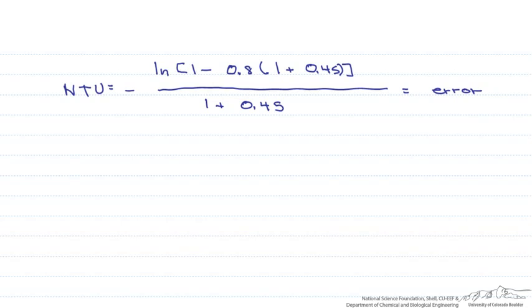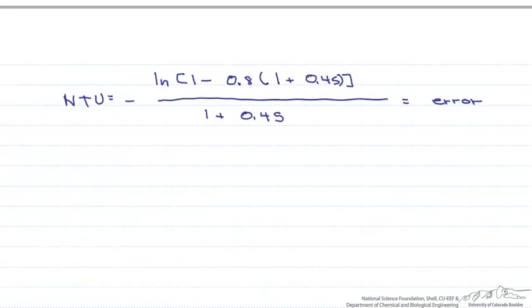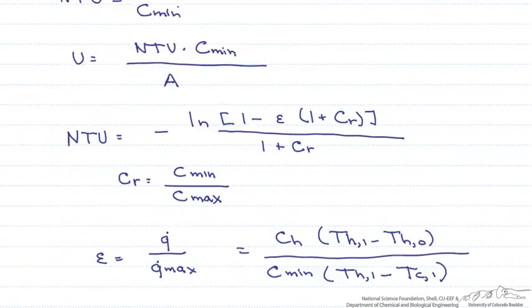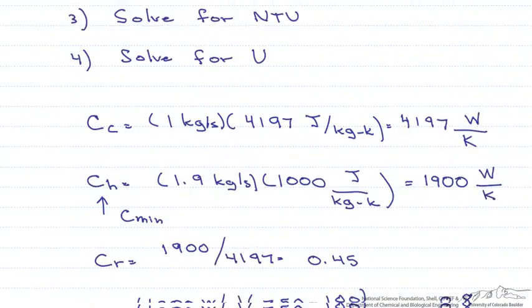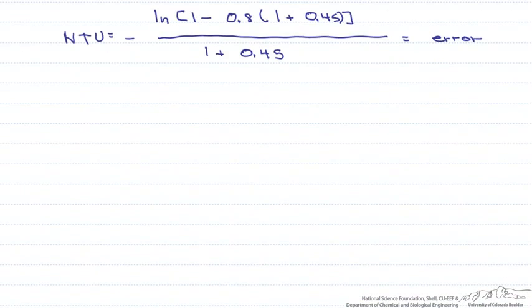So physically, using a parallel flow concentric heat exchanger, you cannot take water that comes in at 40 degrees C and have the gas cool down from 350 degrees to 100 degrees C. So instead, let's change some of the numbers and change one in particular.